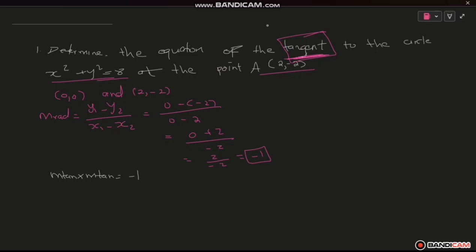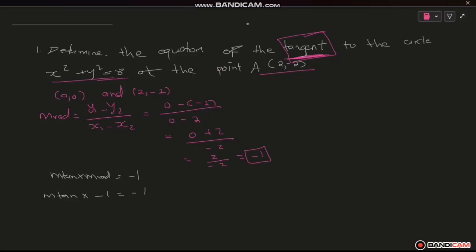Sorry, it's m radius, not m tangent. So m tangent times m radius, that -1, equals -1.